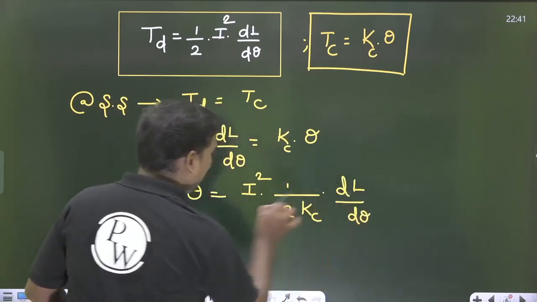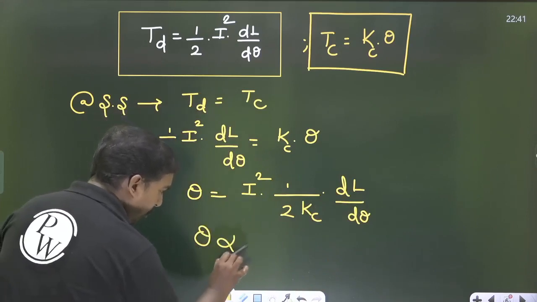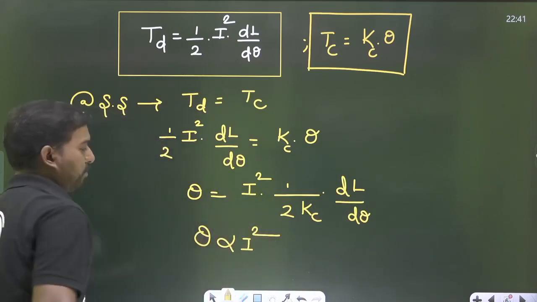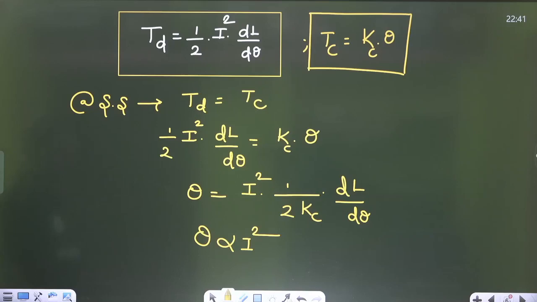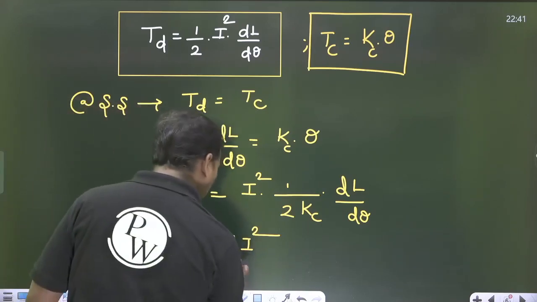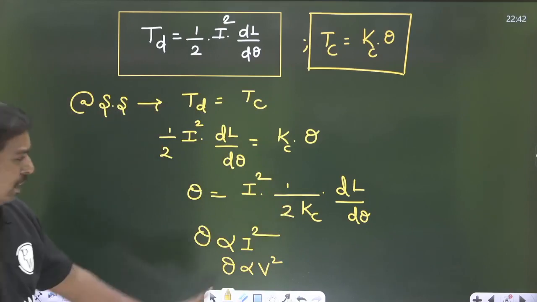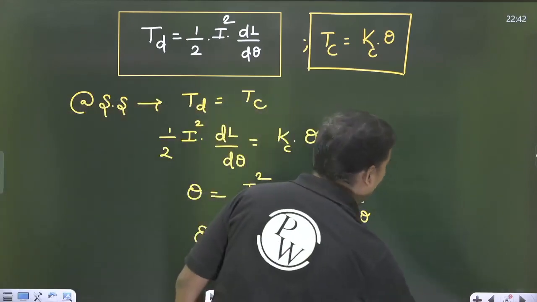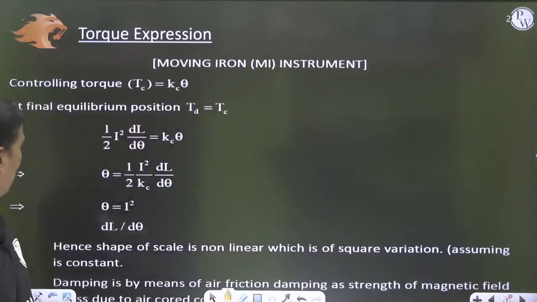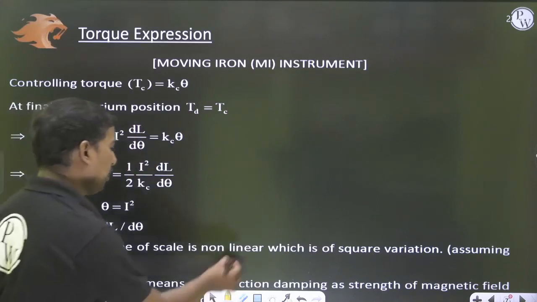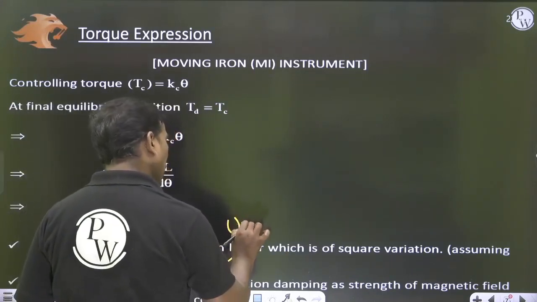So from this, what you understand, theta is proportional to I square. Similarly, that can also be written as theta is proportional to V square. When it is proportional to that, then the scale is definitely a non-uniform scale, not linear.